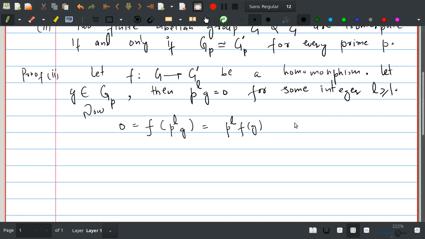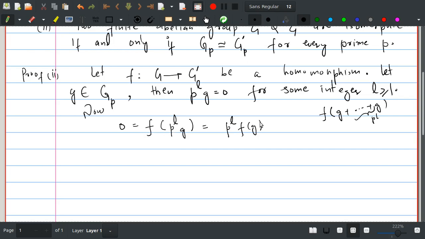Because p^l g is nothing but the sum of these g's, p^l times. Now f being a homomorphism, this is the same as f(g) plus f(g) plus so on plus f(g), p^l times, that is why this p^l came out.